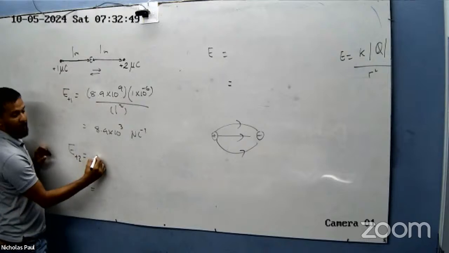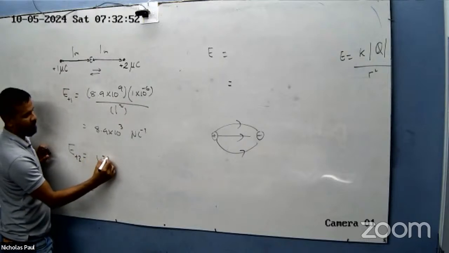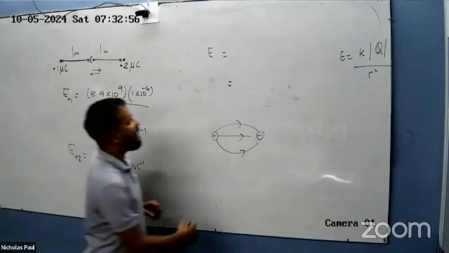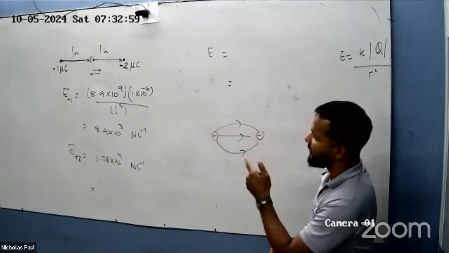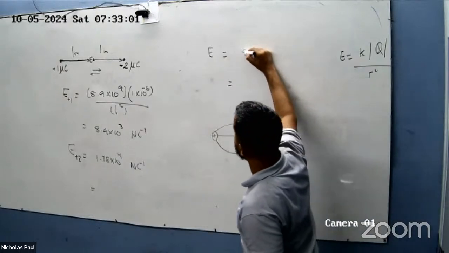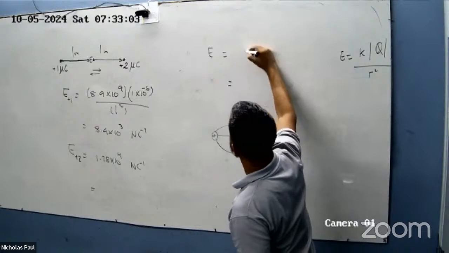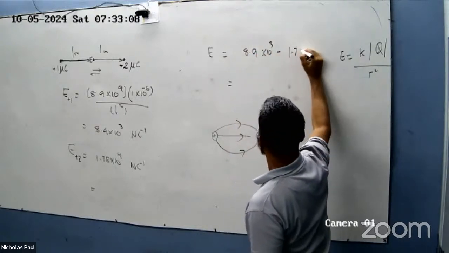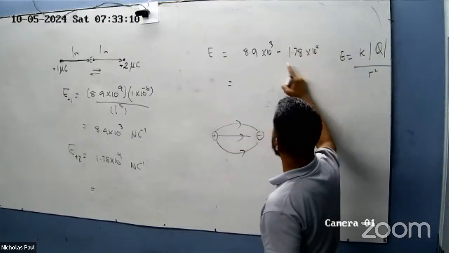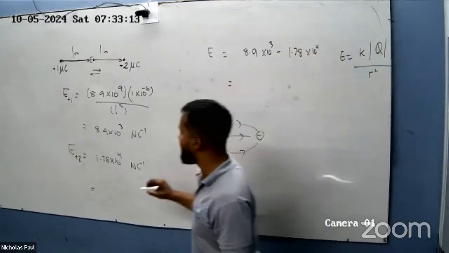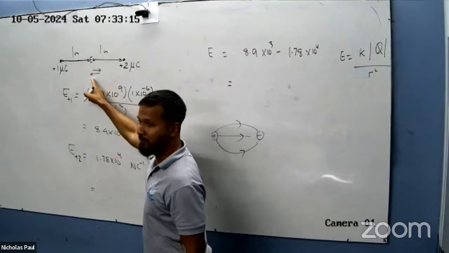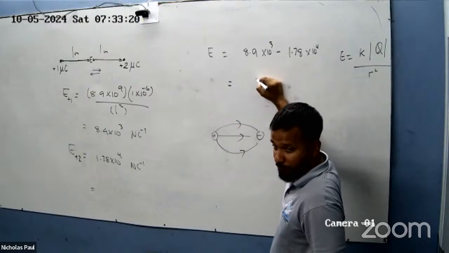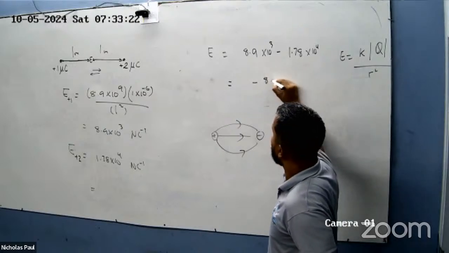How much is that? 1.78 by 10 to the 4. Now, because it's a vector quantity, it will be 8.9 by 10 to the 3 minus 1.78 by 10 to the 4. The minus indicates that it goes to the left, right? That's all. How much is this? Minus 8.9 by 10 to the 3.